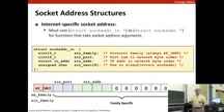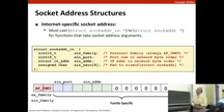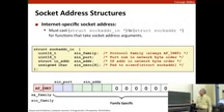It has more information, but it's compatible with a sockaddr. And then for IPv6 there's a different kind of struct that they fill in for its information. And then they pad it out with 8 bytes of zeros, just because this particular protocol doesn't require the full 16 bytes.